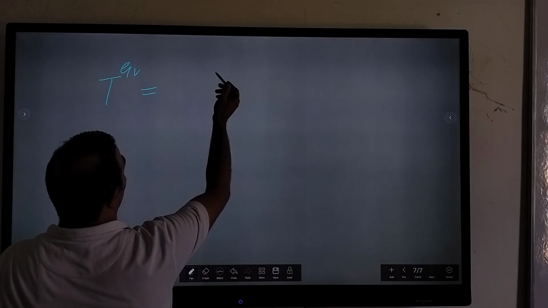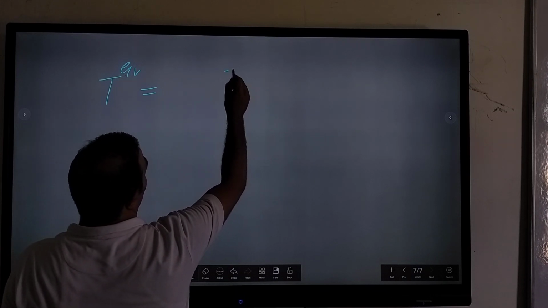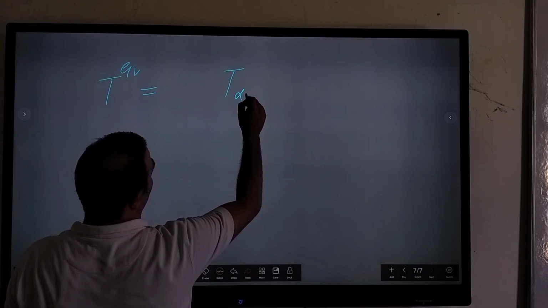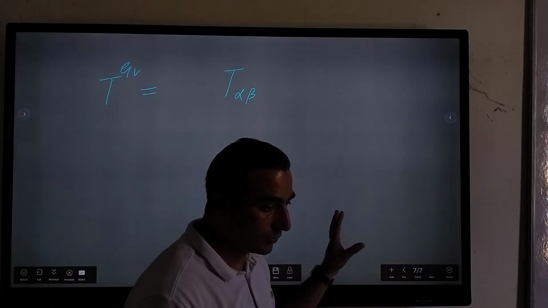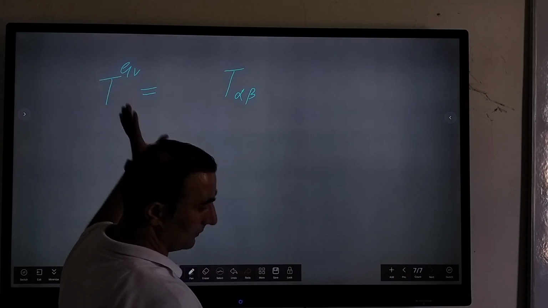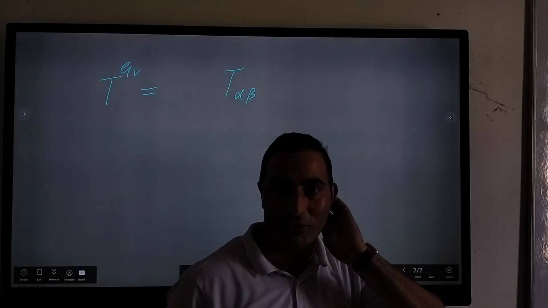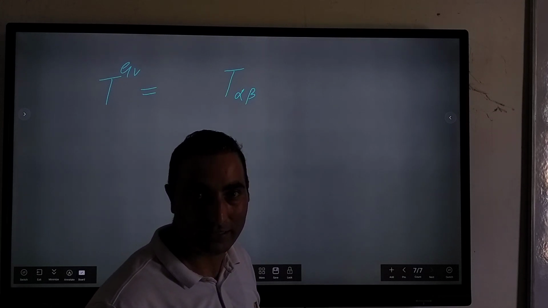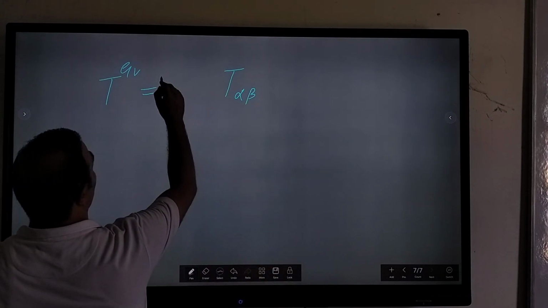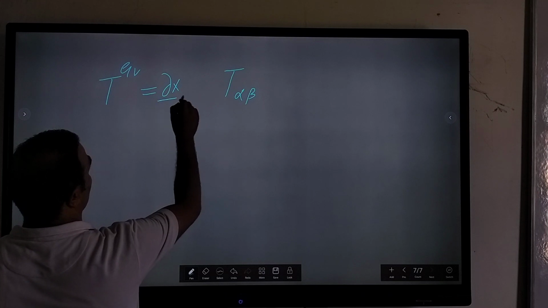So you can write that P of some alpha beta. Okay, so that means I am writing now, this is the dual. You can say that this is a dual tensor. Okay. So you are writing that dual in terms of our regular second rank tensor, right? So that will be equal to multiplying by partial x.